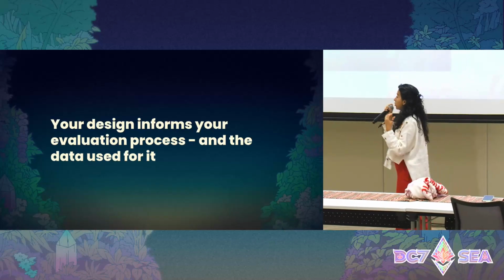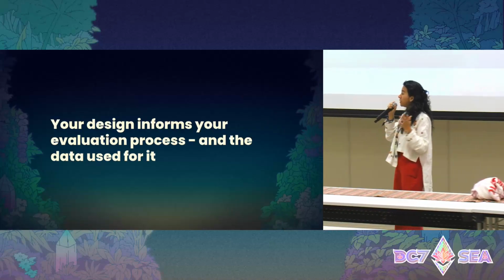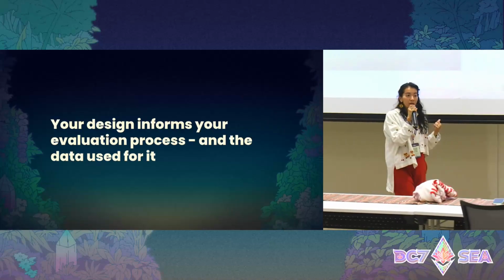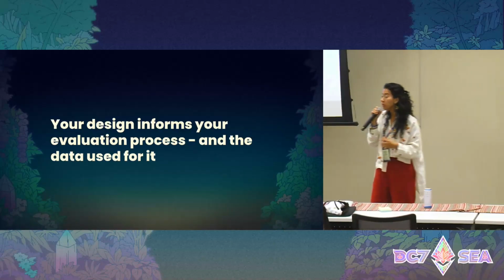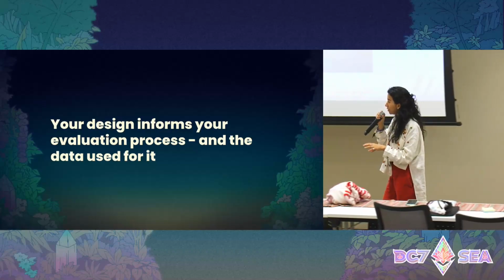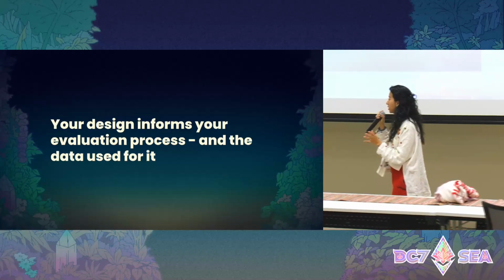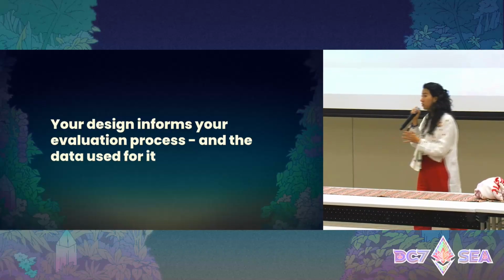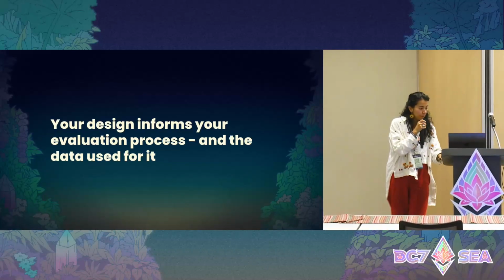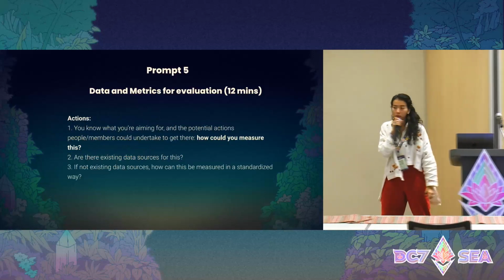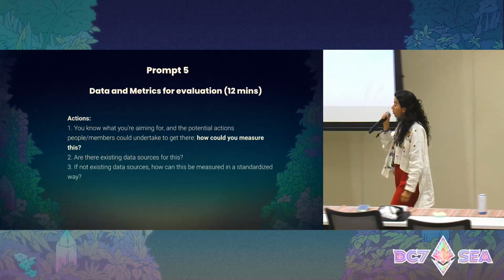And it's also going to inform the type of data that you're able to extract from existing sources, or that you need to create. The best thing there is to create it in a standardized way so that people can cross-compare it amongst different projects. So for the last prompt, we're going to be looking at data and metrics for this evaluation.